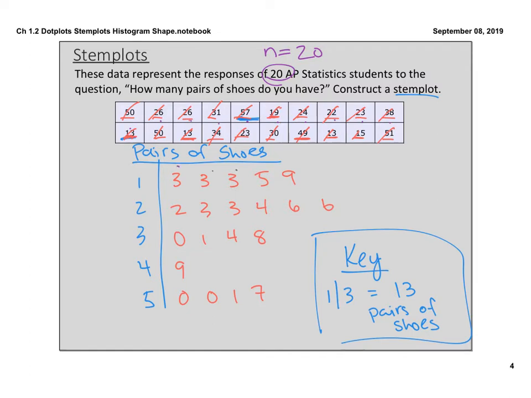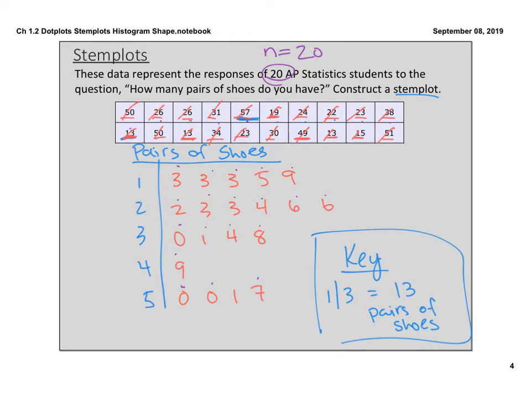So 1, 2, 3, 4, 5, 6, 7, 8, 9, 10, 11, 12, 13, 14, 15, 16, 17, 18, 19, 20. And I have 20 leaves. It's not a total check for accuracy because it doesn't ensure that all of the numbers are accurate, but it at least tells you that you accounted for 20 data points where you had 20 data points in your data set.